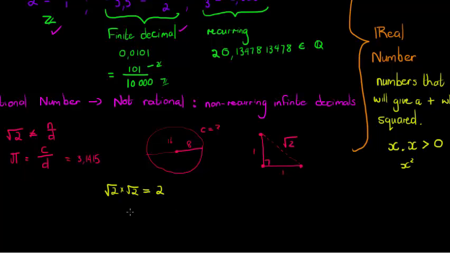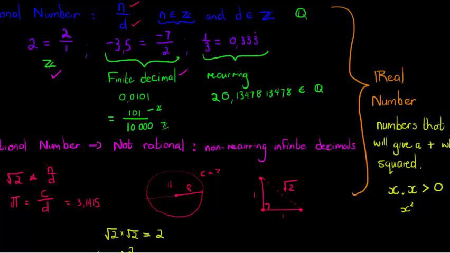It's a positive answer. Even if I take negative square root of 2, which is an irrational number, and I square it, the negative times the negative will be a positive. And that's the point. When a number is squared, then the negative part will multiply itself and give a positive. These are called real numbers.